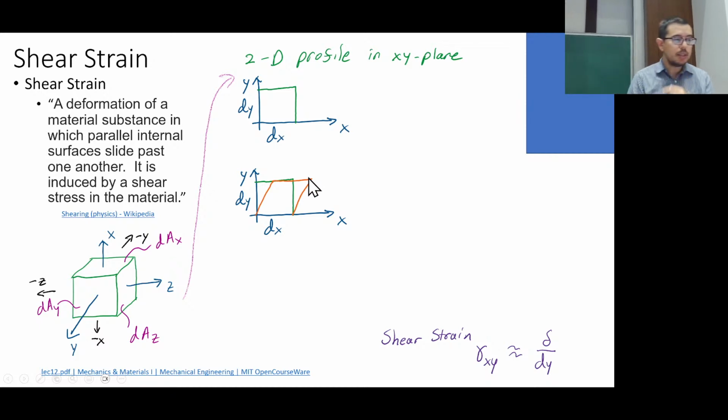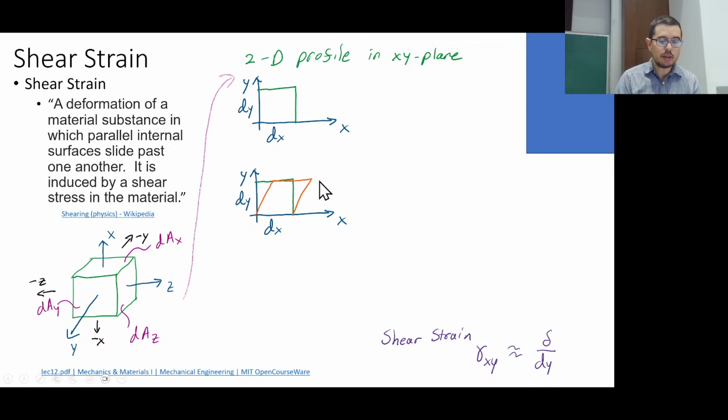But this top face, let's say it moves over delta. So this point here moved to here, this point here moved to here, and now I've shifted this thing like this.